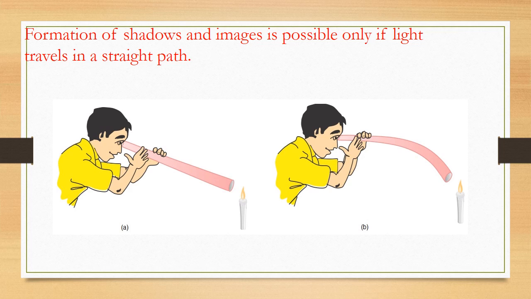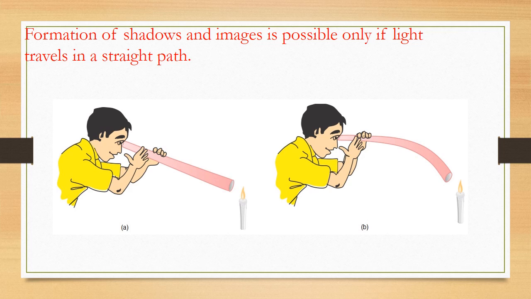The boy can look at the candle very easily if the pipe is straight. If the pipe is curved, what will happen? It is not clearly visible. So what does it suggest?